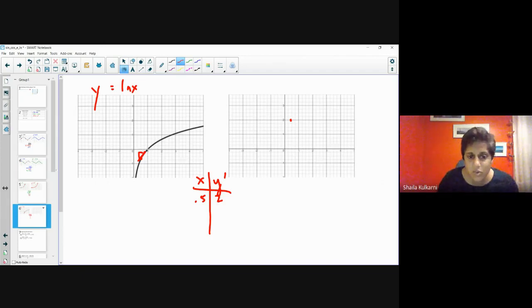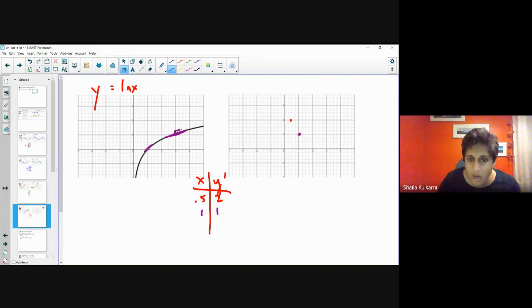And then maybe let's try at 1. So I'm going to erase this and try at 1. Let me turn the pen on. At the graph of 1, we have the slope 1. Okay, let's go with that. So at x equals 1, we have 1. Let's go to x equals 3 and draw ourselves a little tangent line.